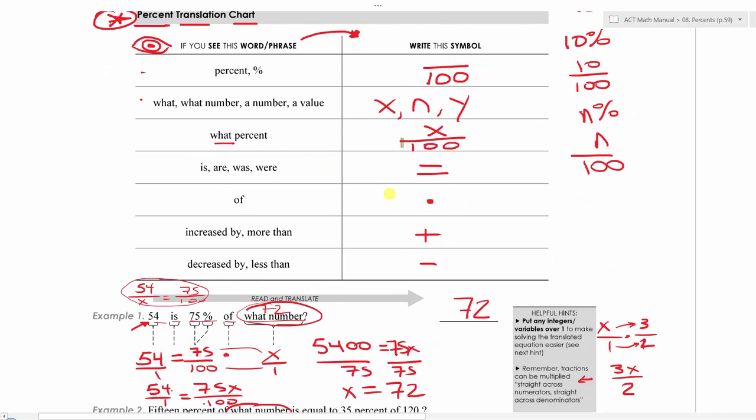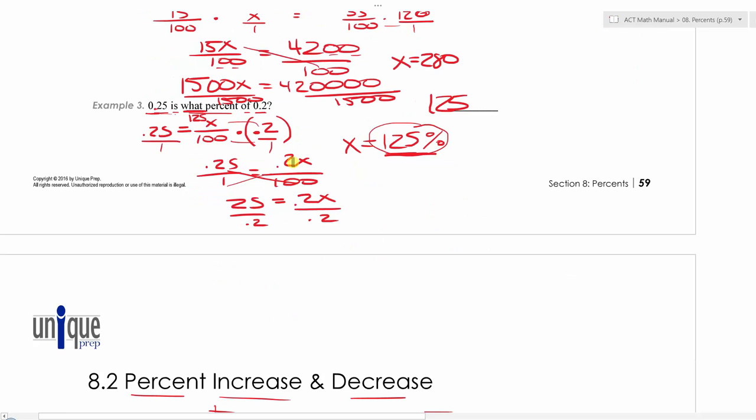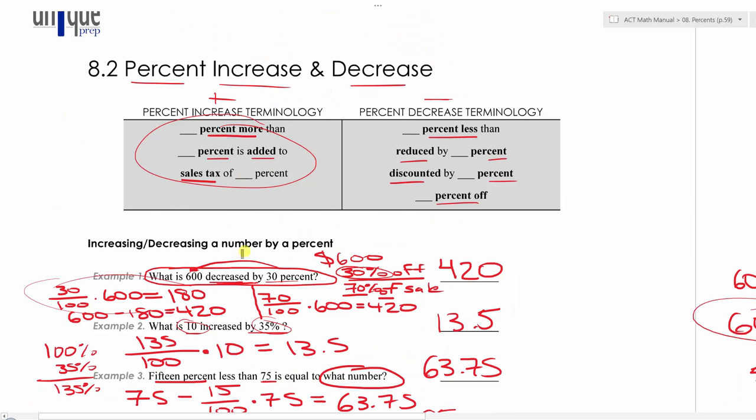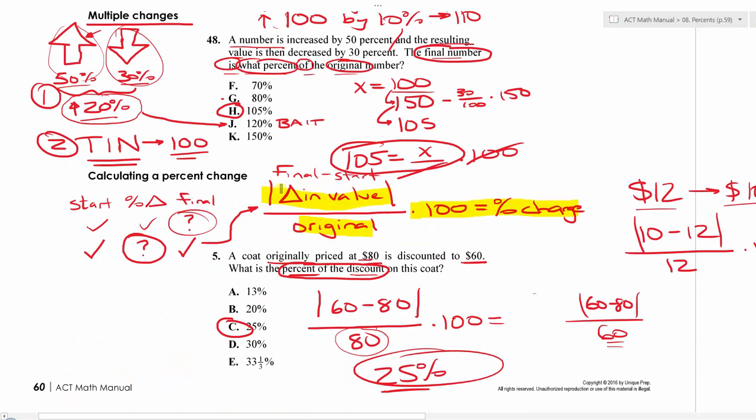So make sure you memorize this chart, make sure you understand how to translate, and then obviously how to solve algebraically. That's probably 70% of the battle. The translation is the easy part. Percent increase, decrease: remember, there are a couple of different ways to do percent increase, decrease. You can do it with the 2-step method or the 1-step method. And then do make sure that you memorize the percent change formula. It does show up every now and then.